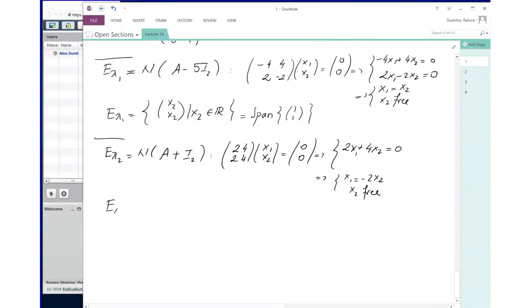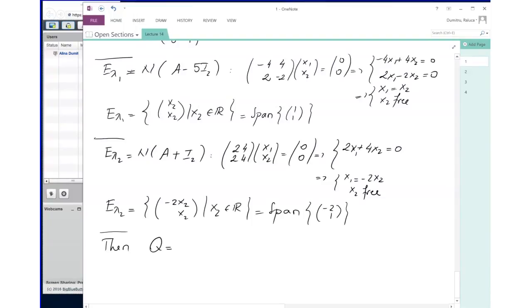So E lambda 2 is the set of vectors that looks like this, (-2x2, x2), x2 in R. So the span of (-2, 1). Here's the second vector. So then, here is the matrix Q: 1, 1, -2, 1. Okay.